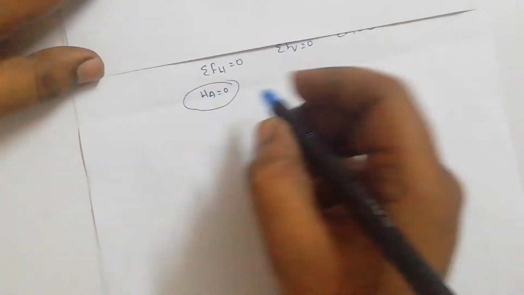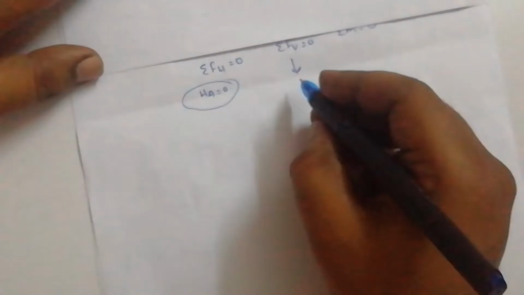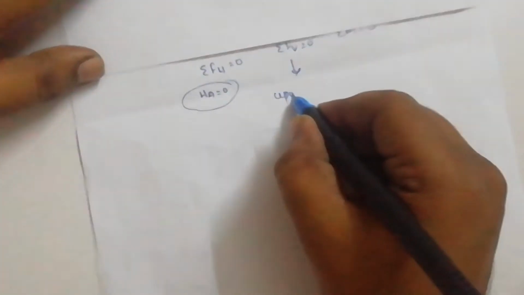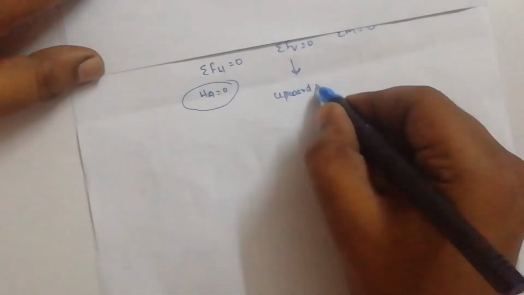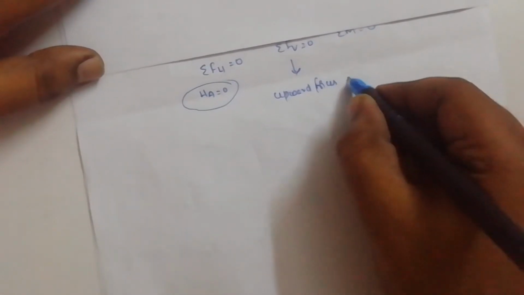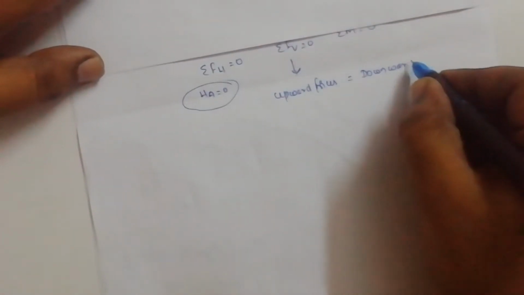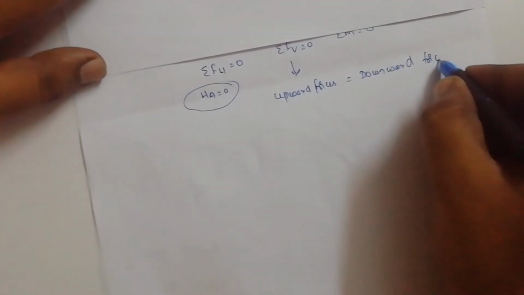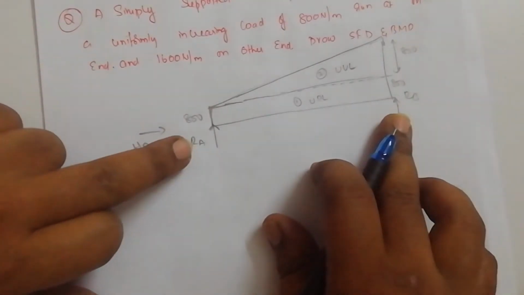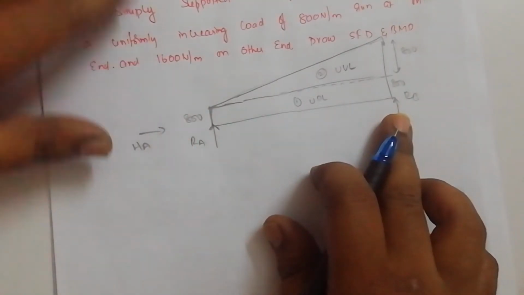Now as per summation of FV equal to 0, upward forces are equal to downward forces. What are the upward forces acting here? We have two upward forces, which are the reactions RA and RB.